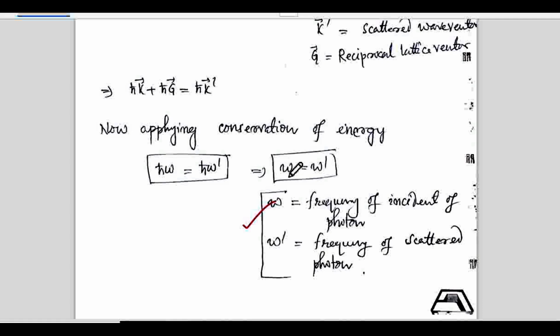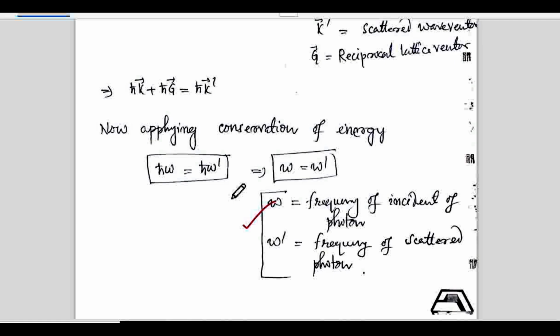That means the photon which is scattered from the reciprocal lattice point is not giving any energy to the lattice. So if any photon comes, hits and is scattered back without giving any energy, there is no chance of lattice vibration. Lattice vibration can only happen when the incoming photon transfers its energy in quantized form to the lattice.